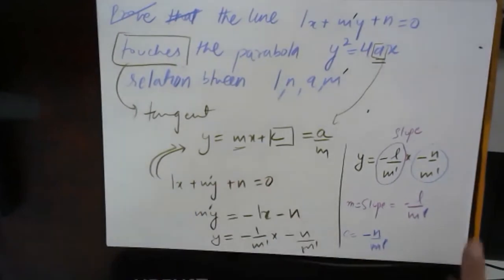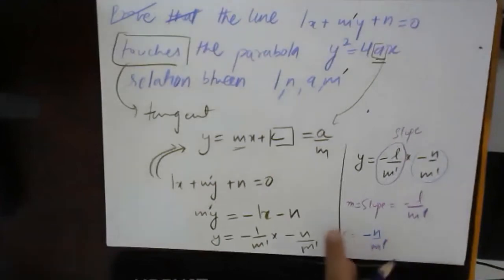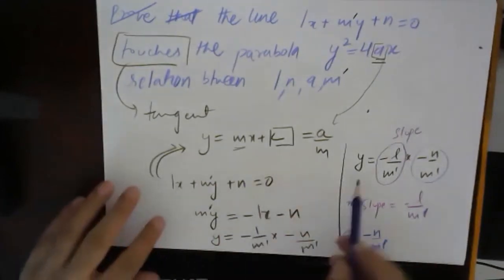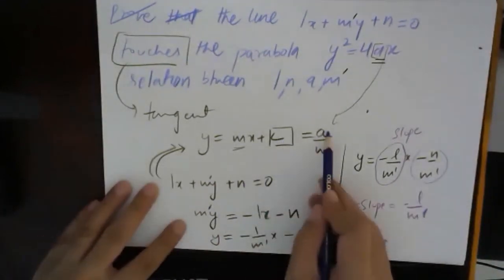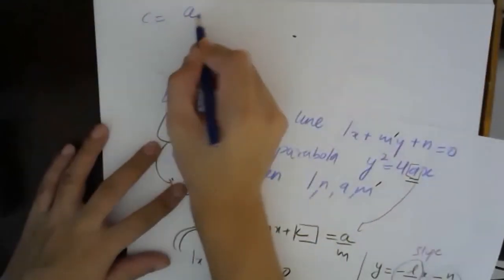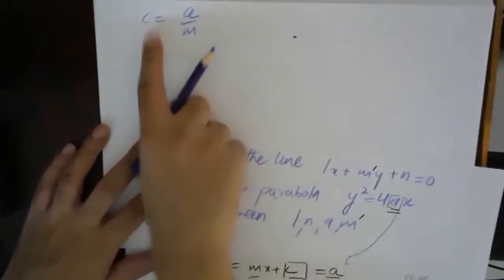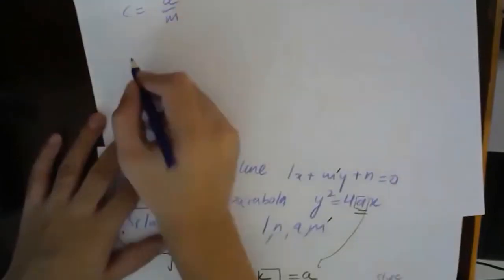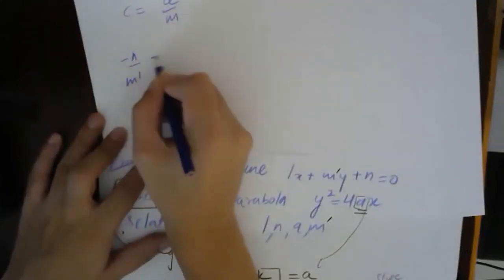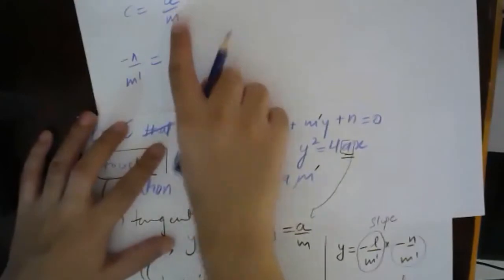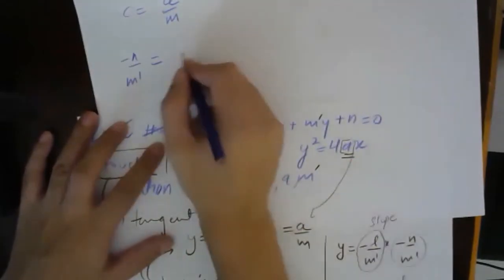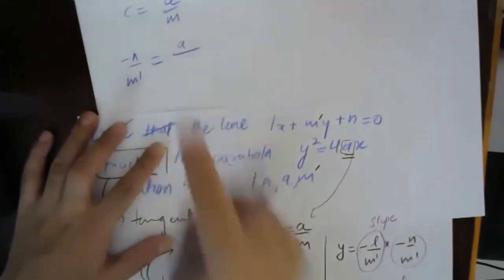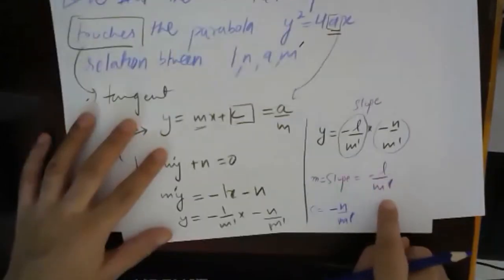What should be the relation between C, A, and M? C should be equal to A by M. So I'll simply substitute. C we got as minus n by m dash, A is simply A, and the slope of the line is minus L by m dash.